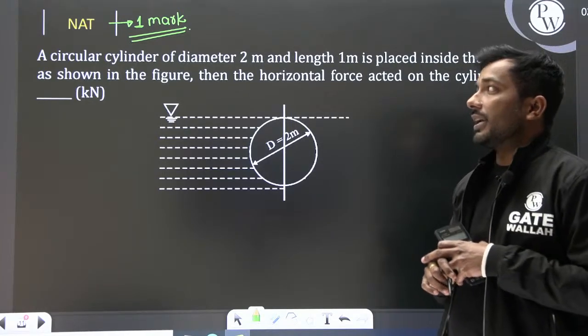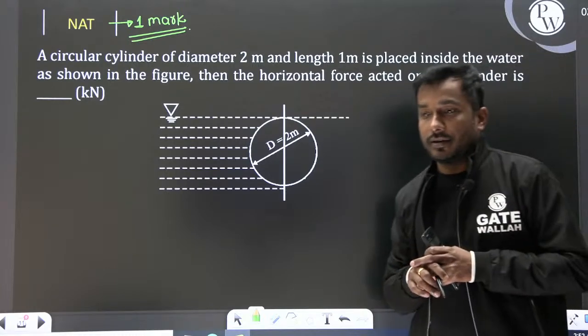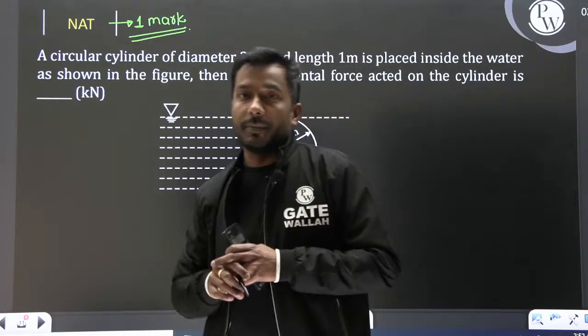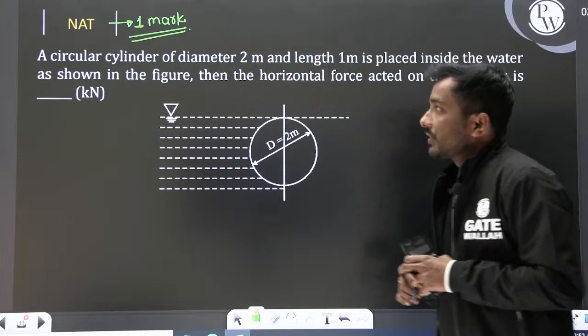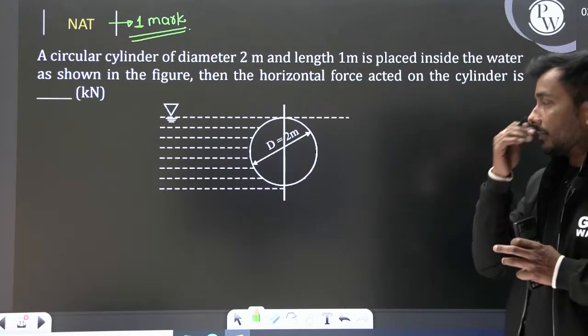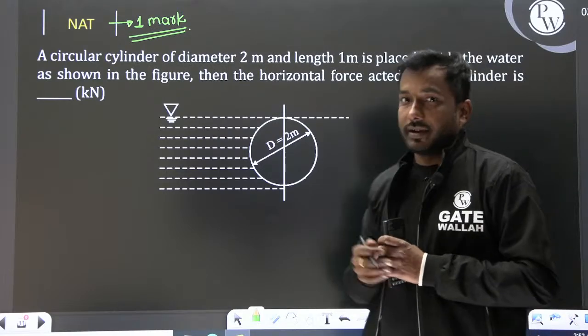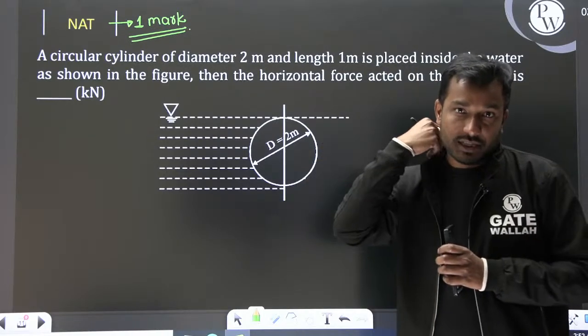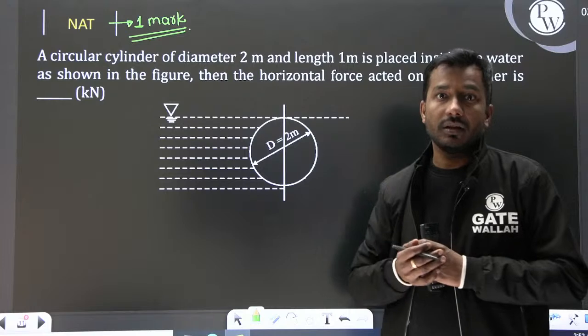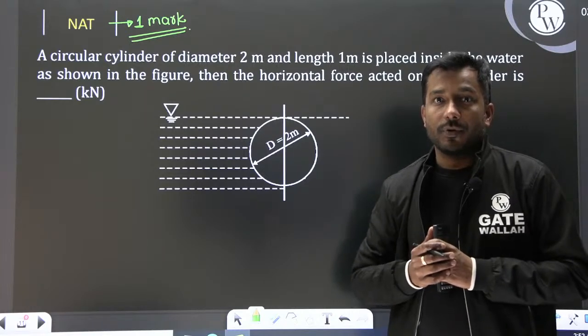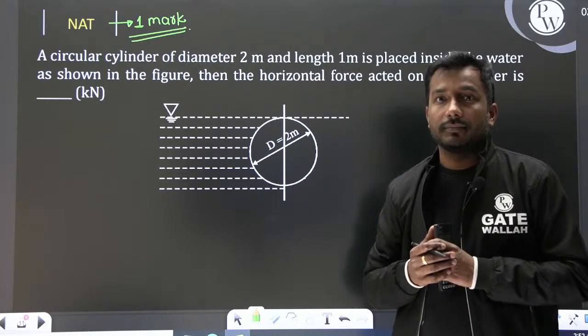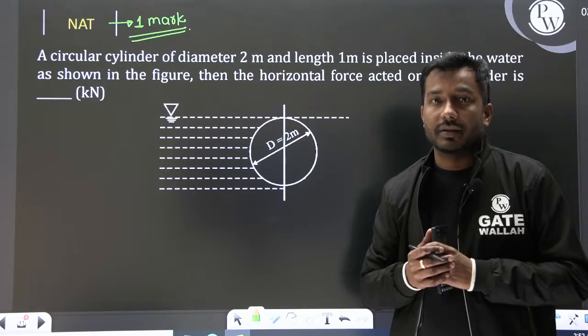So please try the question and tell me the answer in the comment box. First read the question and try to solve it. Please take all the questions seriously, because if you practice in a proper way, then you can understand the concept.